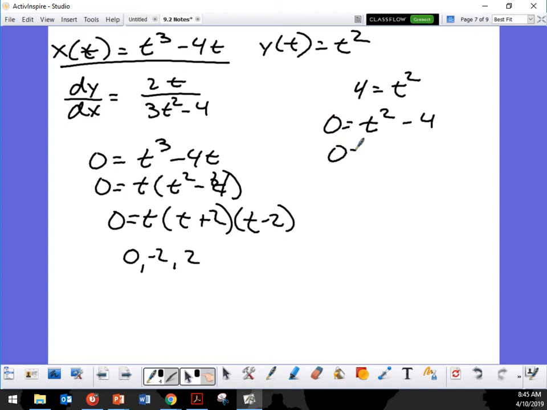I get 0 equal to (t plus 2)(t minus 2). So I get -2 and 2.